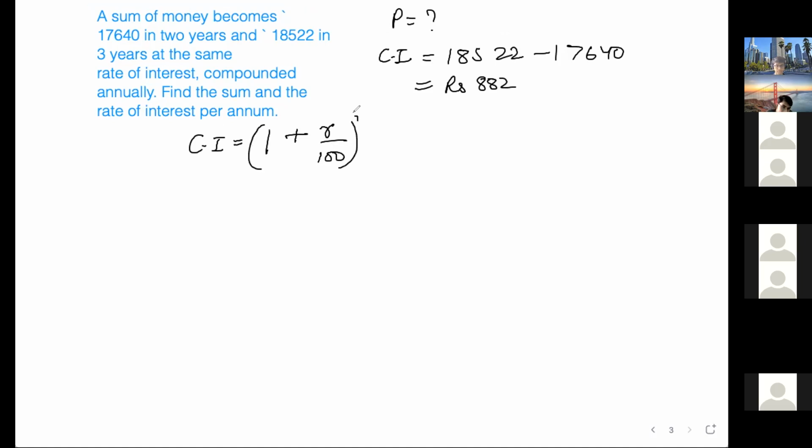Raised to N into P and minus P. Or you can write P. This is the formula which we write now. Okay. So for the last 1 year, time is equal to 1. This will be your principal.